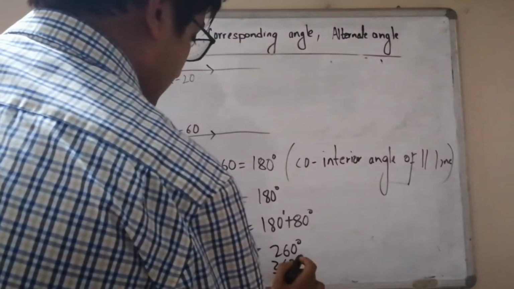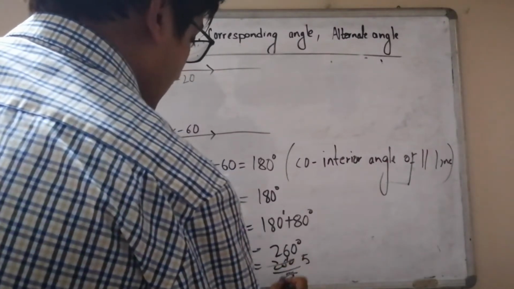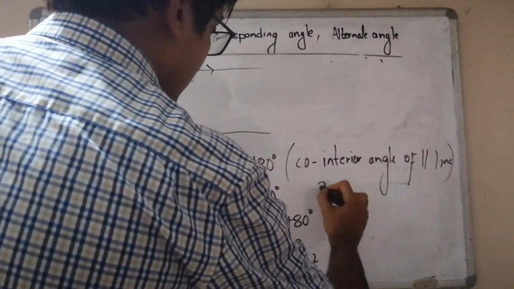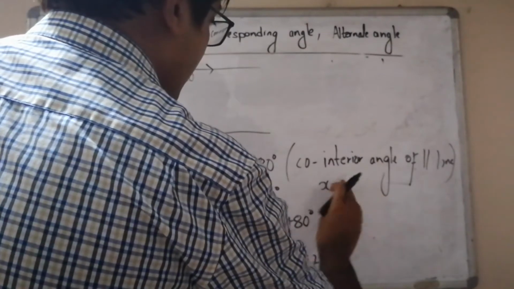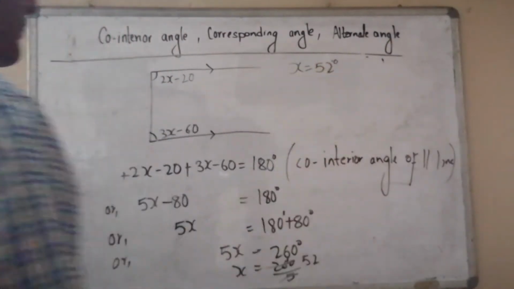So if we divide it, 5 5s are 25, remaining 1, 5 2s are 10. So the value of x becomes 52 degree.